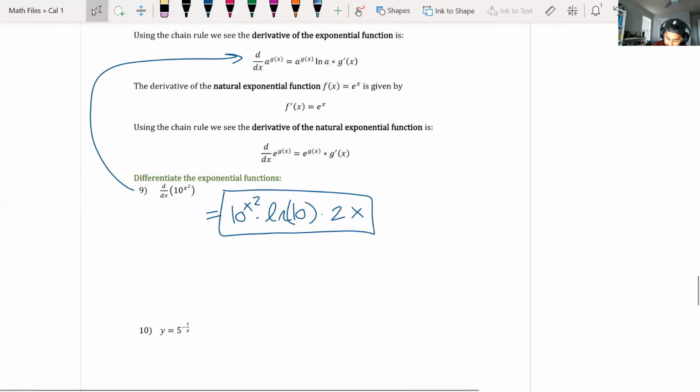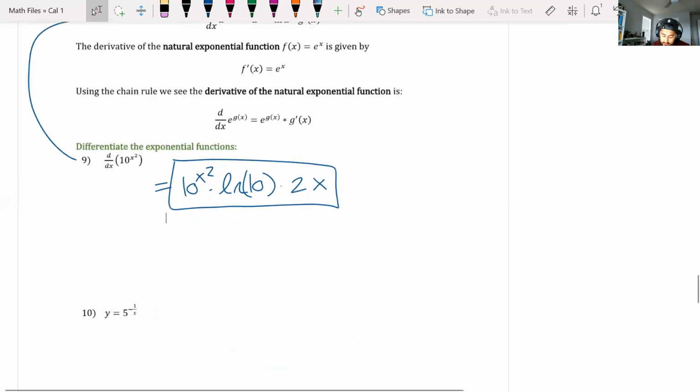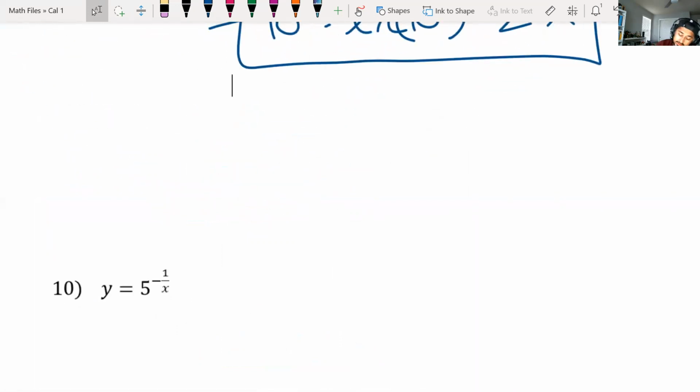All right. Number 10. y equals 5 to the negative 1 over x. So this is going to use the same formula above, but let's go ahead and rewrite this one as 5 to the negative x to the negative 1.